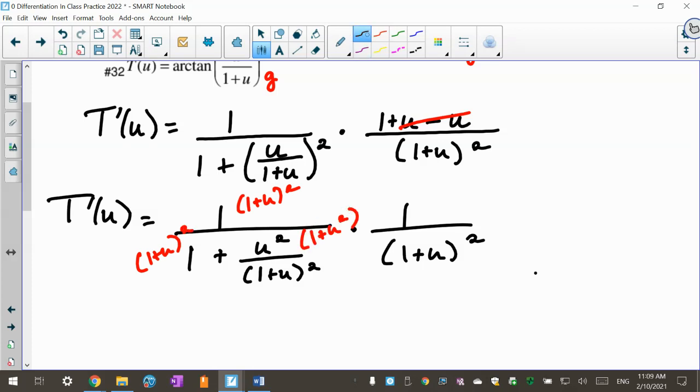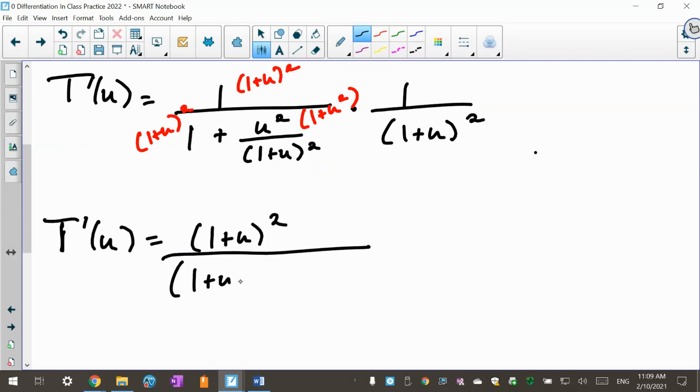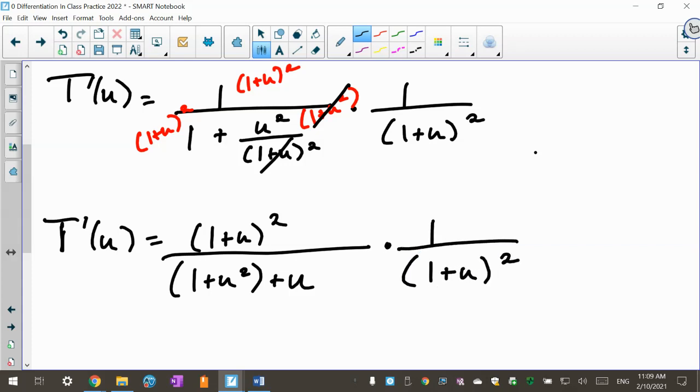Okay, so now when I do that, t prime of u is going to be 1 plus u squared over 1 plus u squared, because u squared times 1, and then these will cancel, plus u squared times 1 over 1 plus u squared. Now, when I get it like this, I have two fractions that I'm multiplying, and these I can cancel. They divide to make a 1.